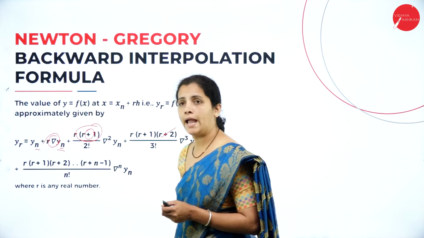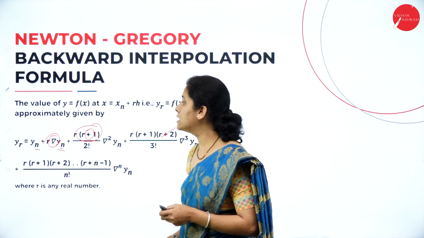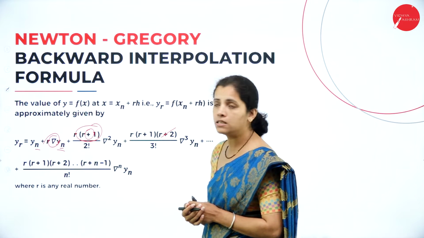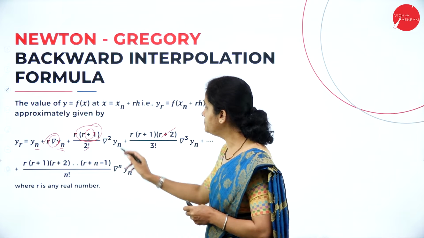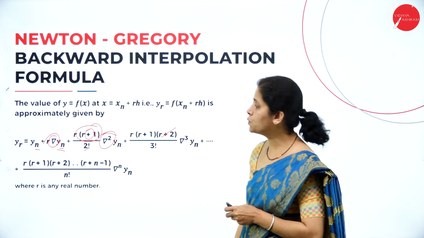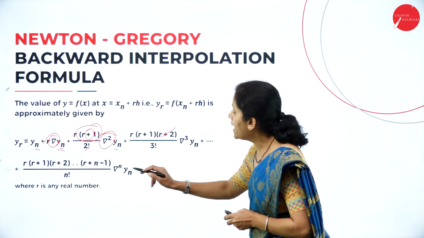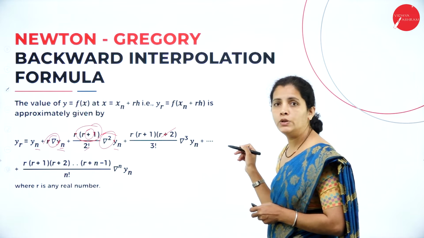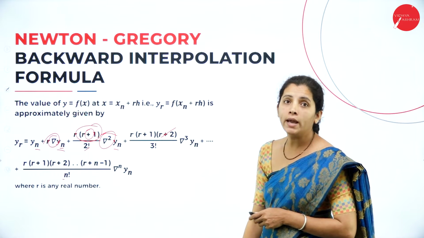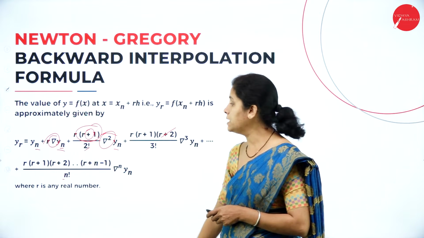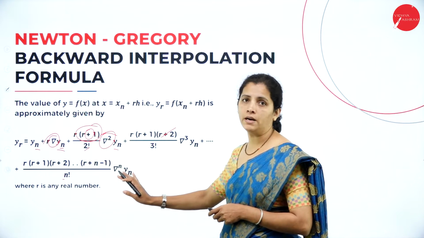So it is y n plus r delta y n plus r of r plus 1 by 2 factorial inverse delta square y n, and it's going to continue up to n factorial, where r is nothing but the real number.